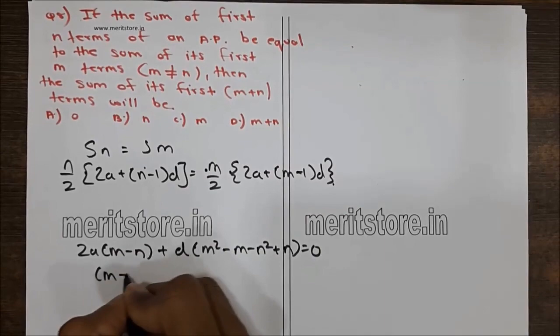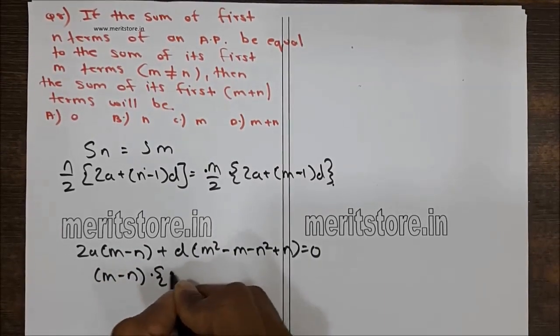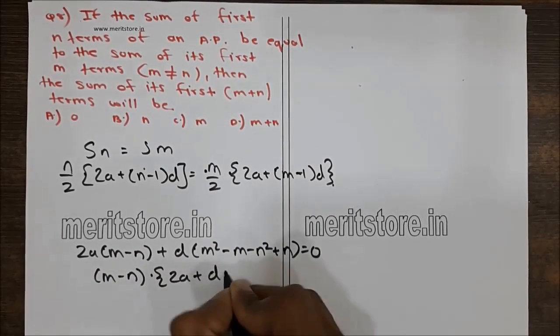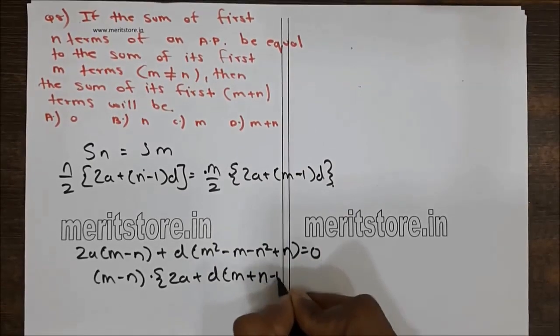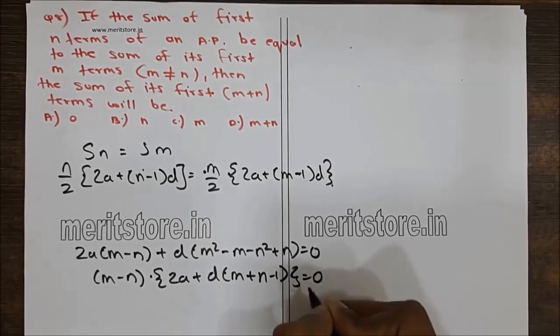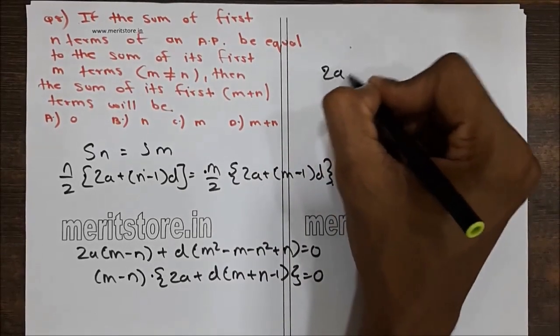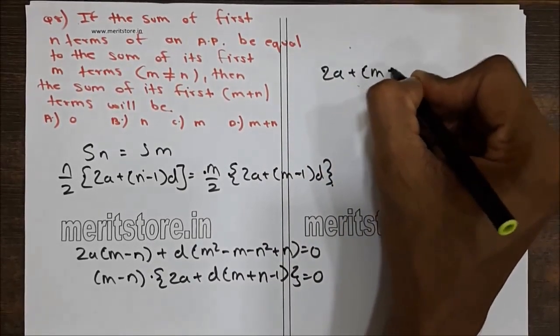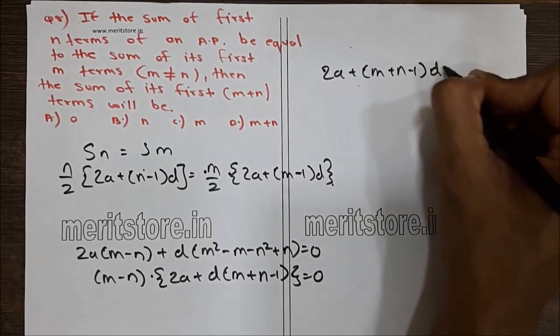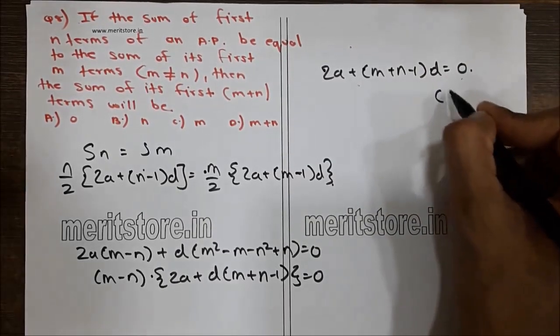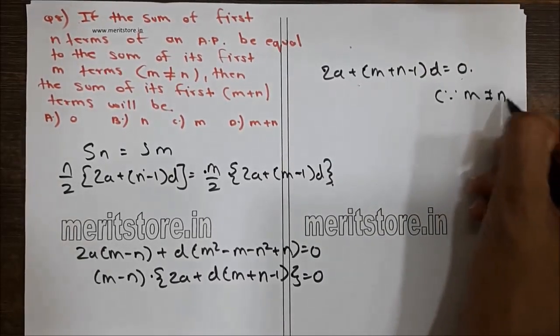We take m minus n common: (m minus n)(2a plus D(m plus n minus 1)) equals 0. Further solving, we get 2a plus (m plus n minus 1) D equals 0, since we know that m is not equal to n.